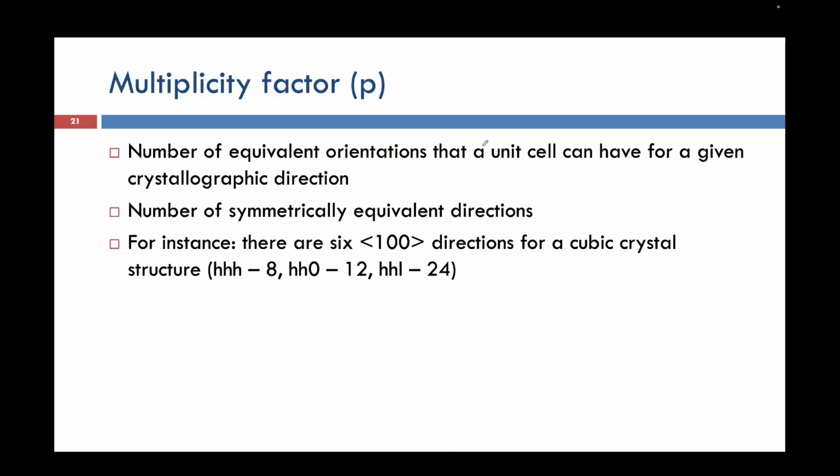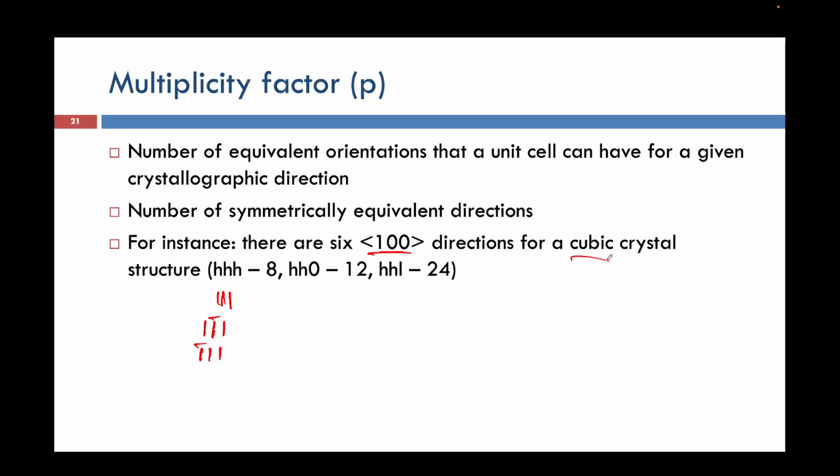Then we will see the multiplicity factor. Multiplicity factor is the number of equivalent orientations that a unit cell can have. Let's say I am talking about the 100 direction. All of them will give me the same amount of intensity. If I take a cubic crystal and consider 111, then the net intensity I get from this 111 will be the same as from 1 bar 1 1, for a cubic crystal I am talking about, not a non-cubic crystal.